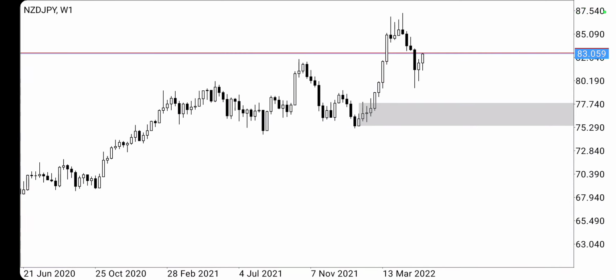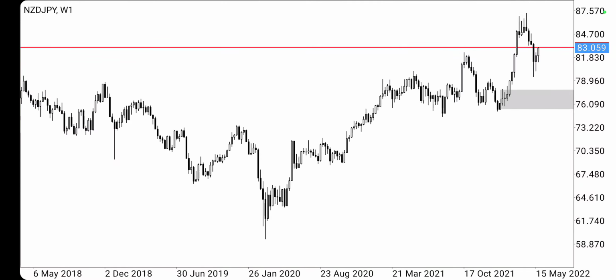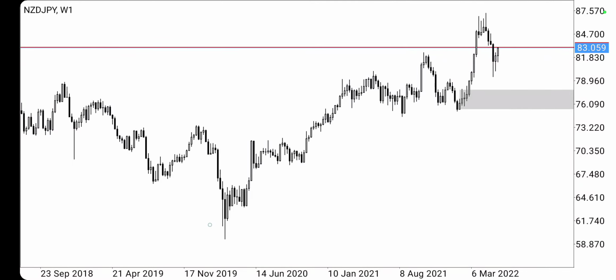And then let's go down to weekly. In terms of the trend line, it will still be the same. If we are to draw a trend line here, it will be like this. You can see when the price was going down, it did this, and then it went up, it did this, it came back, which is lower than that.